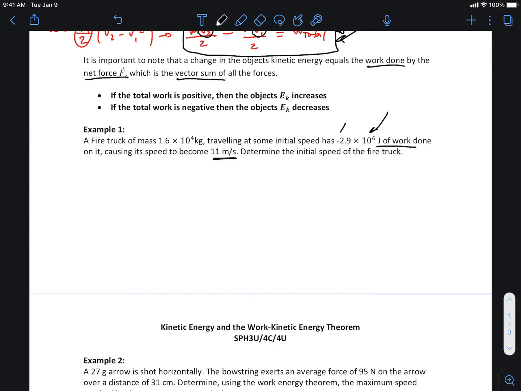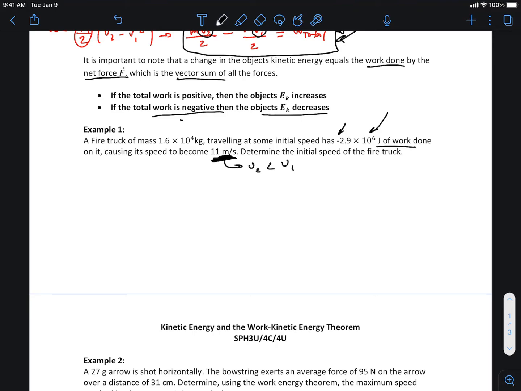And you'll notice that it's negative, right? So we must know that if work is negative, the object's EK is going to decrease. So we better expect that the initial velocity would be higher than this number, right? Because if this is V final, V2, then V1 must be bigger than V2. Is everybody okay with that? No arguments?